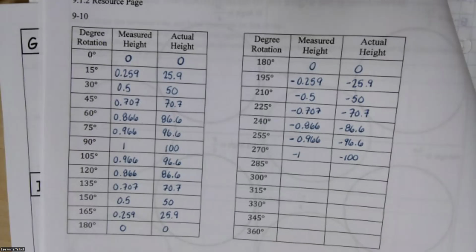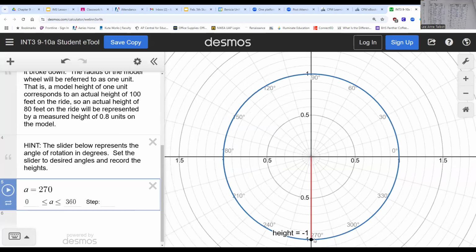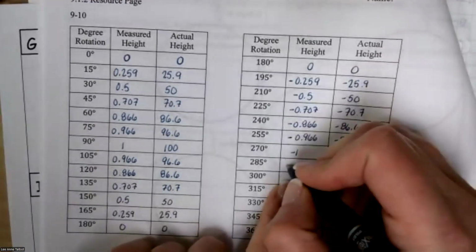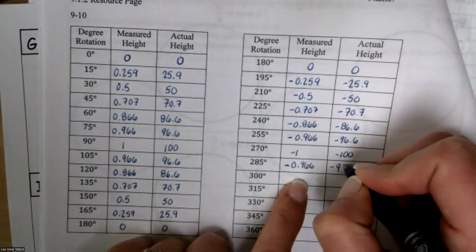So 270 is at the bottom, which you can't see because of all this zoom stuff. There we go. So 270 is down here at the bottom. What do you think is going to happen once it goes back around from 270 to 285? Yeah, it's negative, but it's still going to come back up to the surface, basically. So it's going to still be negative, but it's going to start coming back up.